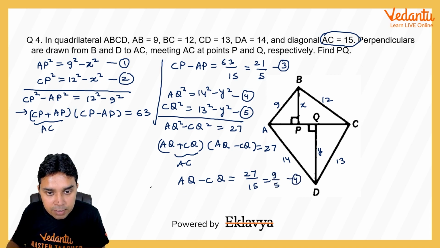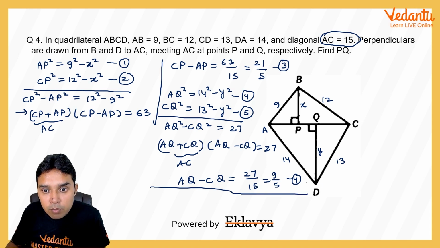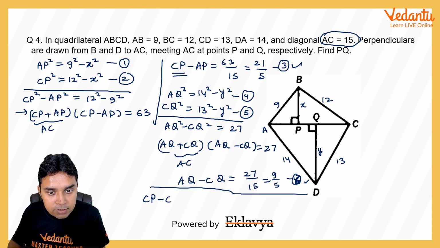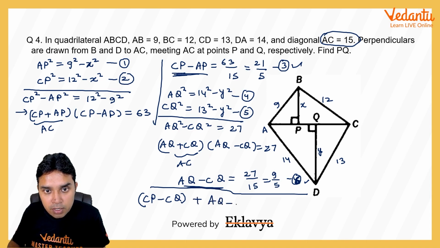Now everybody listen carefully. Equation number 6, not 4, equation number 6. Now adding 3 and 6, I can write this as CP minus CQ. Please see how I have added them. I have added CP minus AP with AQ minus CQ. But I have written CP with CQ and AQ with AP.